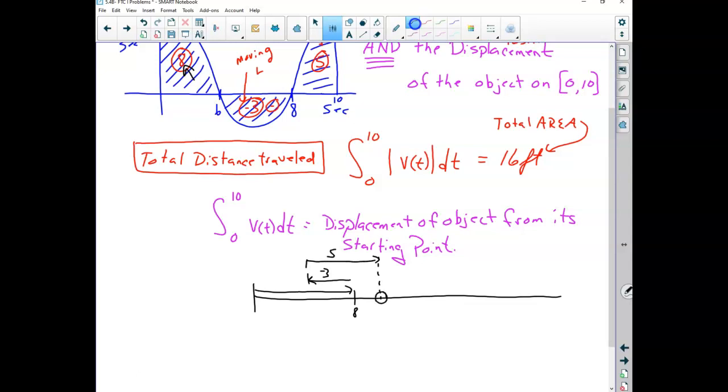Where am I from my starting point if this is 0? Well, take off 3 of these and leave 2 on. I'm at 10. My displacement would equal 10 feet in this case. So I'm only 10 feet away from where I started. I traveled a total of 16 feet, but I'm only 10 feet away from where I started.